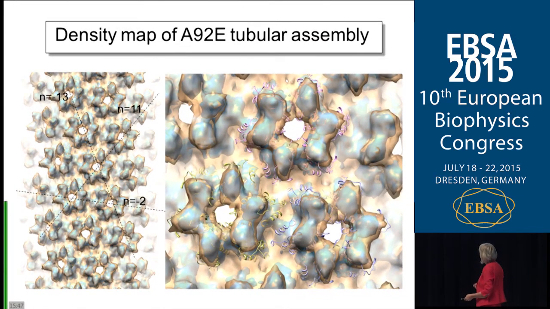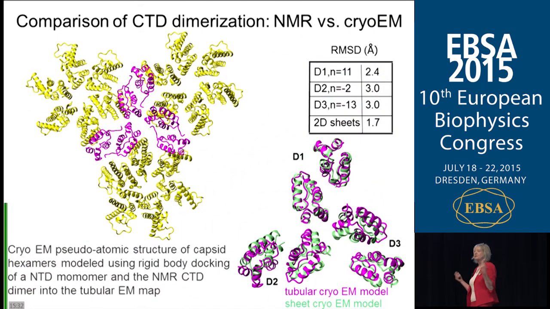You then look at the density map, and the tubes come in different helical arrangements. This is a -13 plus 11 helical arrangement, and then you fit in your atomic structures. And what was most gratifying to see is that when we took our NMR dimeric structure, we could fit it into that density, and we had no clashes, and that was really, really nice.